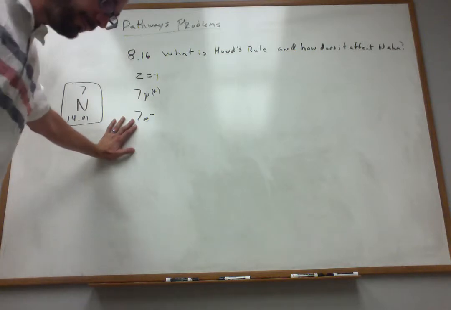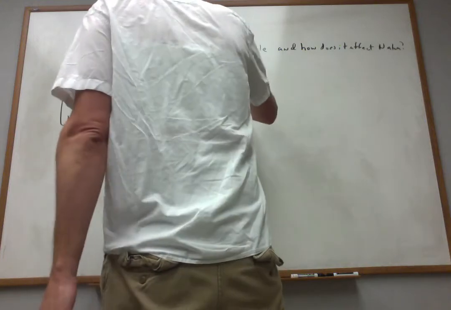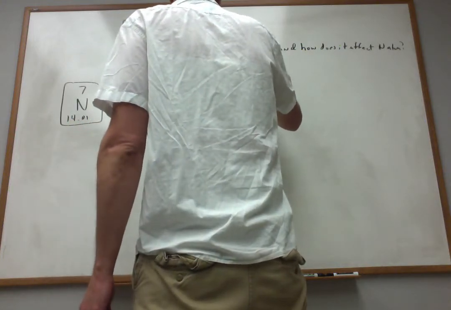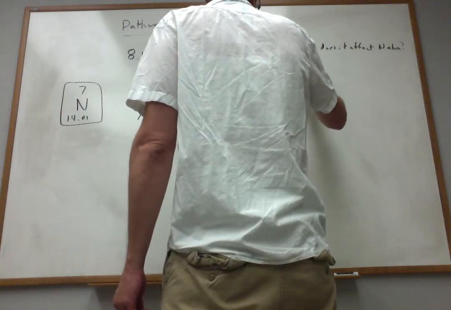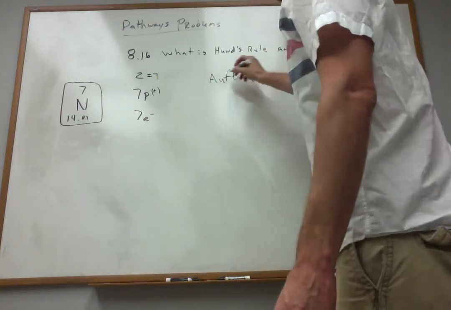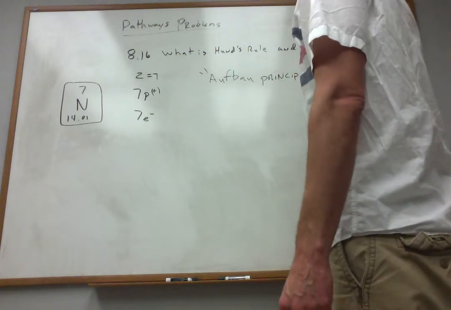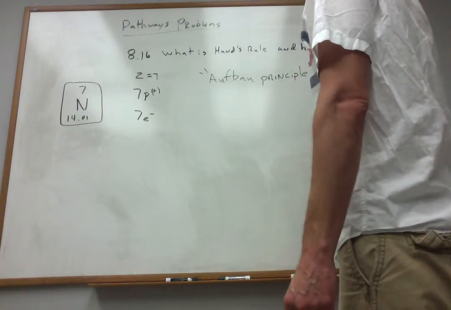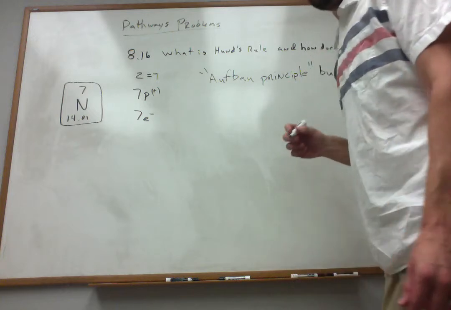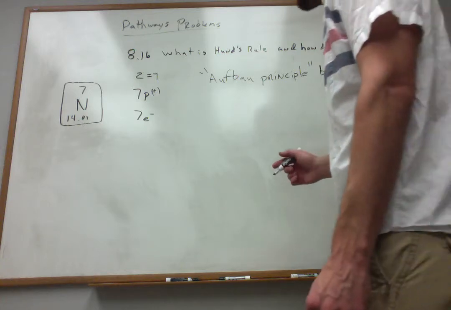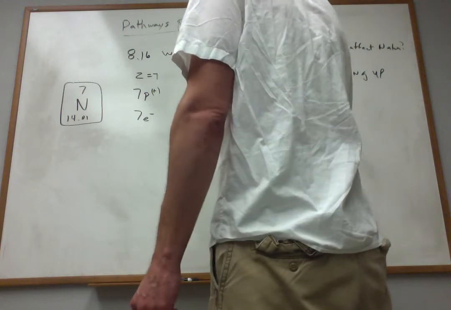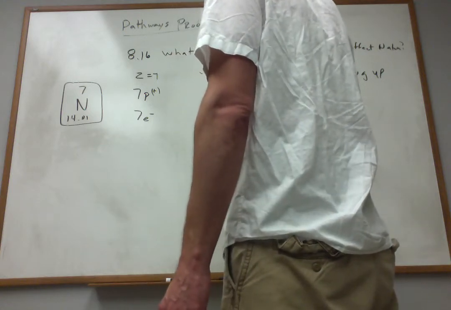Now, if we do that, we first use something called the Aufbau principle. This is also sometimes referred to as the building up principle, because what we do is we build up our atom from lowest energy orbitals to highest energy orbitals.